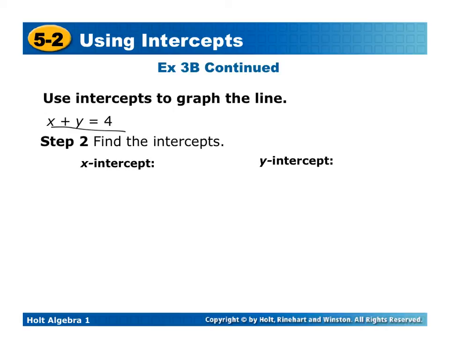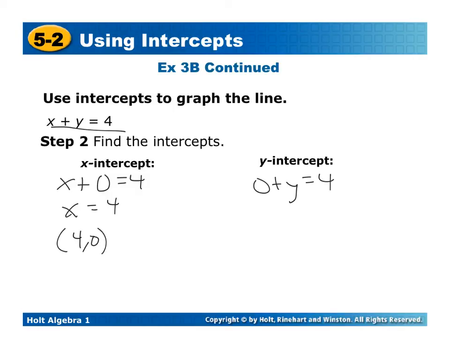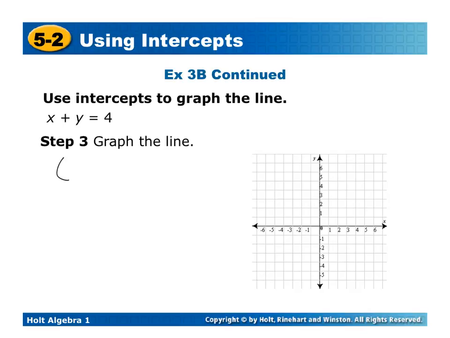So here, x plus 0 would equal 4, and here 0 plus y would equal 4. So our x-intercept is going to be 4, 0, and our y-intercept is going to be 0, 4. Same thing, we can go ahead and graph those 2 points.